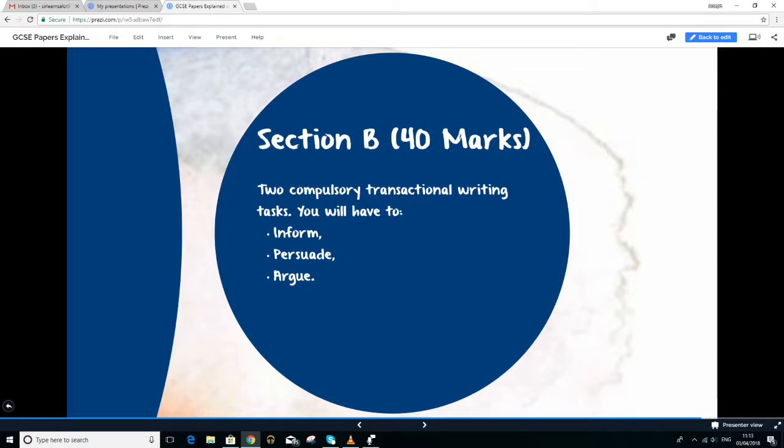Informing is slightly more tricky, but there will be another video on this. But informing could be telling people about why they should visit the zoo without persuading them. So it is a bit of a tricky one, and the examiners will tend to stick to persuade and argue. But please bear in mind that with this you will need to do 2 of those tasks. So they are split into 2 20-mark questions. Okay, so please bear that in mind.